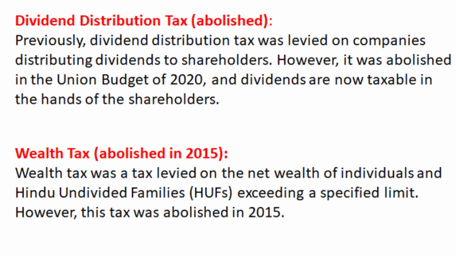Earlier in the Indian scenario, two other direct taxes, dividend distribution tax and wealth tax, also existed, but now they are abolished. Earlier, dividend distribution tax was levied on companies distributing dividends to shareholders, and this tax was abolished in the Union Budget of 2020, and now dividends are taxable in the hands of shareholders as personal income.